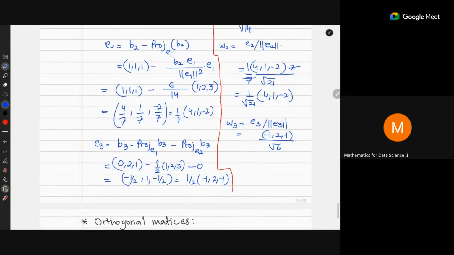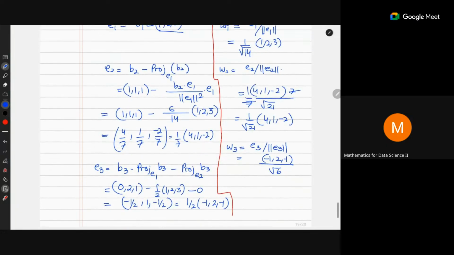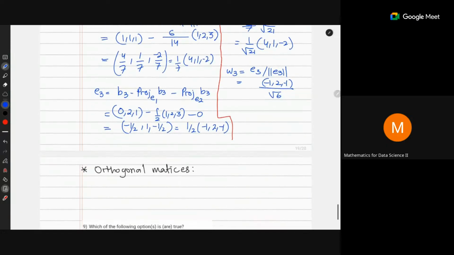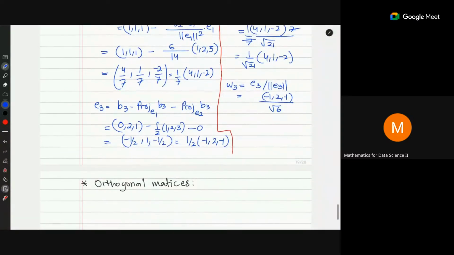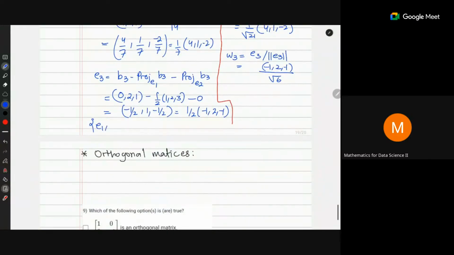Okay. So your orthonormal set and orthogonal set is all there. So E1, E2, E3 is an orthogonal set, and W1, W2, W3 is your orthonormal set.